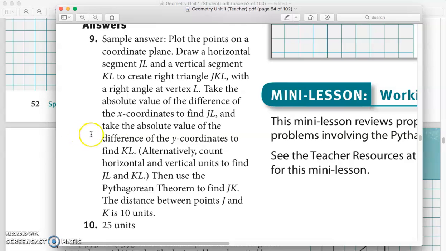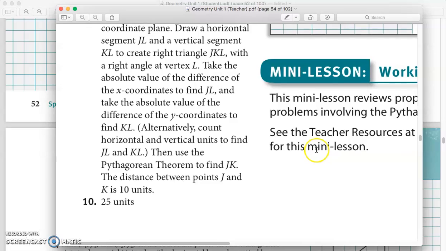So instead of saying take the absolute value of the difference, you could just say find the difference of the x-coordinates, or subtract the x-coordinates, to find JL, and then do the same thing for the y-coordinates to find KL. Then once you know the horizontal and vertical distances, you can use the Pythagorean theorem to find JK. And the distance between points J and K is 10 units. And the answer for number 10 is 25 units.